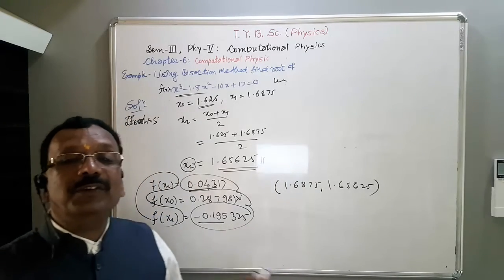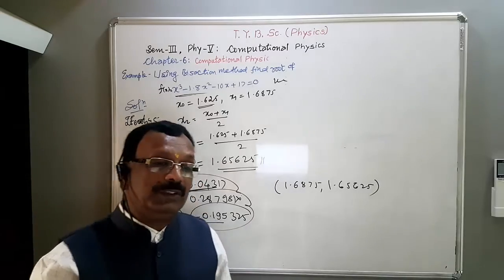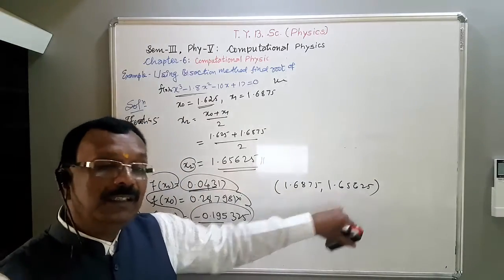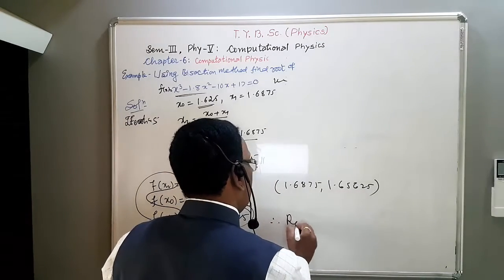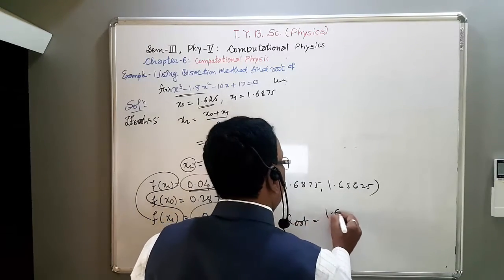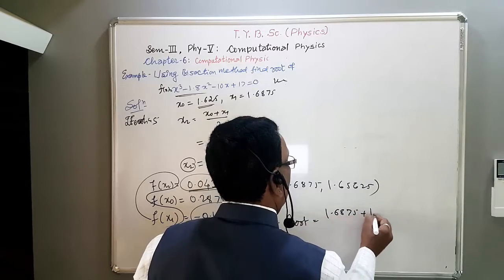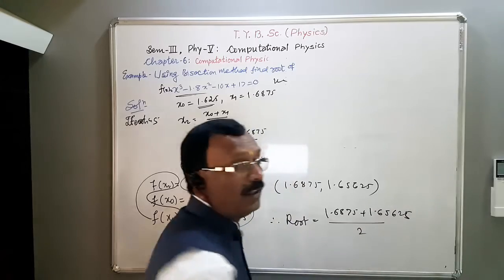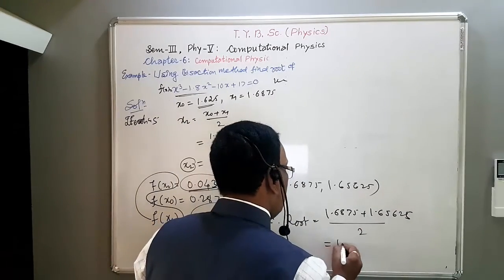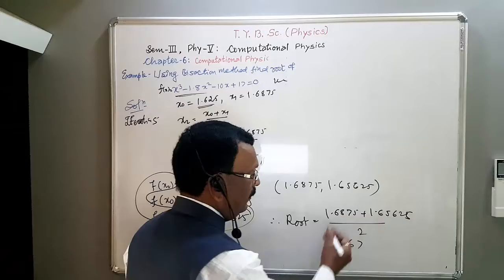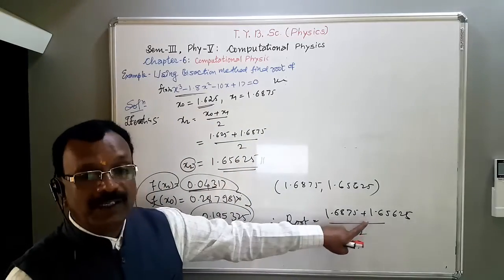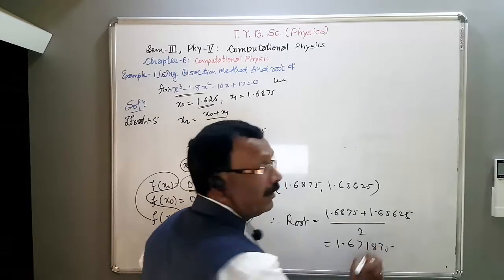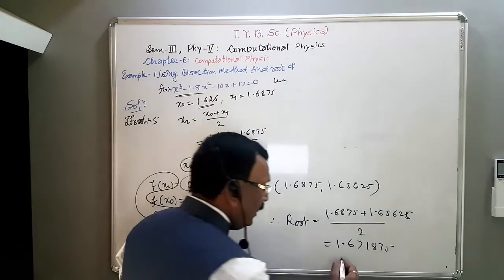And after 5 iterations, the approximate root is the center of x1 and x2. That means the root is equal to 1.6875 plus 1.65625 divided by 2. Solve this and you will get 1.671875.